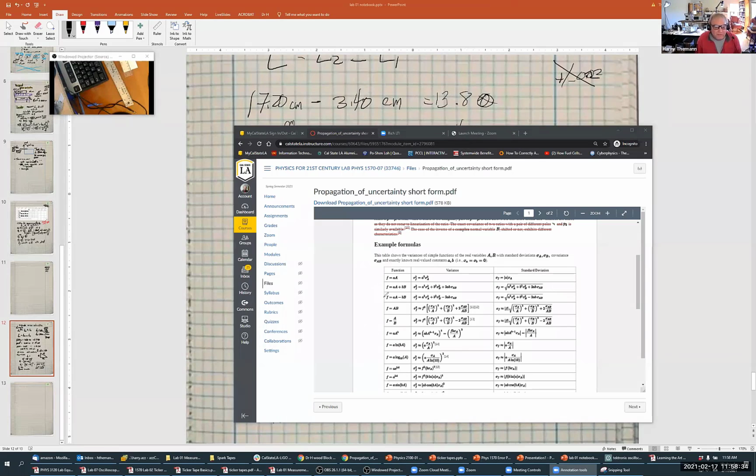These are for adding and subtracting things, and then we use these for multiplying and dividing, but notice each time they're the same formula. Okay. And they're also in the spreadsheet too.